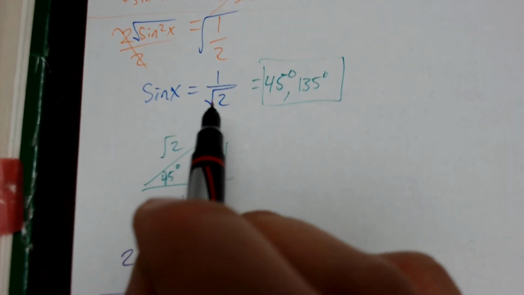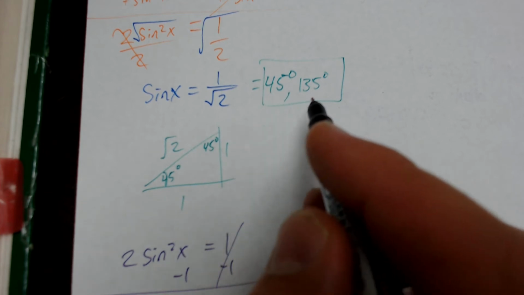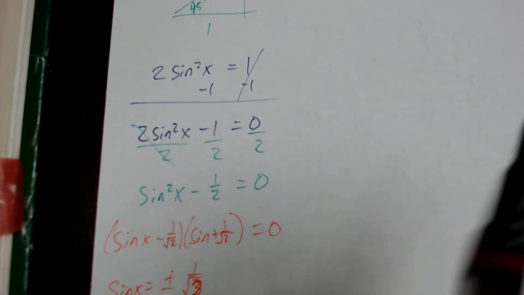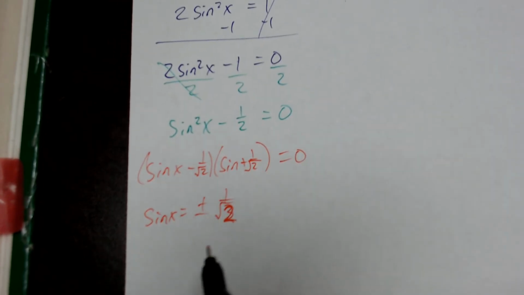Up here when we did our unit circle, we were looking for where sine is only positive, so we're only looking for positive answer values, but here, once they did the difference of two squares, they now have positive and negative answers. That's just what happens when you find the square root of a number. Your square root is going to be positive or negative, and you're not sure which one it's supposed to be.